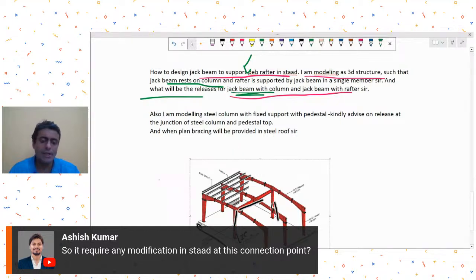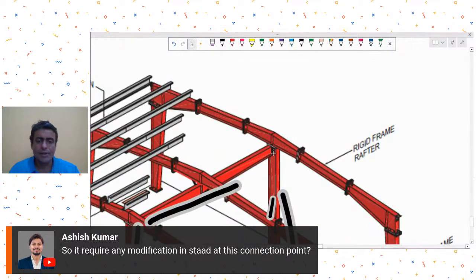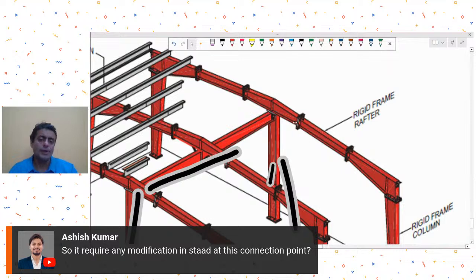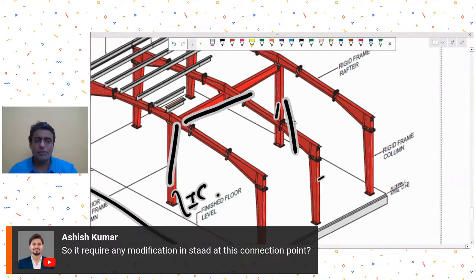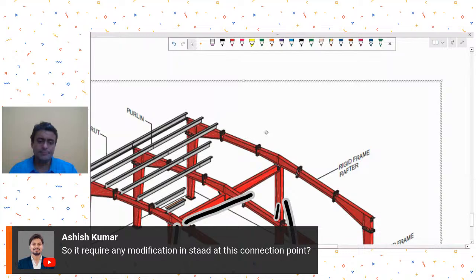The reason is that, if you see closely, the jack beam is getting connected to the minor axis of the column. So you don't want much moment to be generated about the minor axis. So usually this jack beam is connected as a shear connection with the column. Okay.